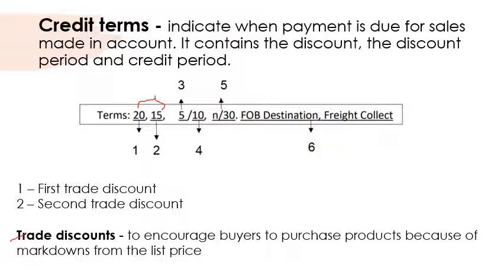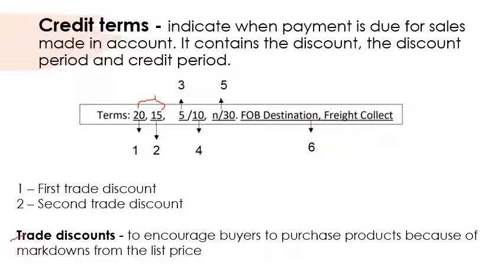Again, this is just to encourage or induce the buyers to buy in bulk or in large volume of purchases. In this example, we have two trade discounts. 20 is the first trade discount and 15 is the second trade discount.